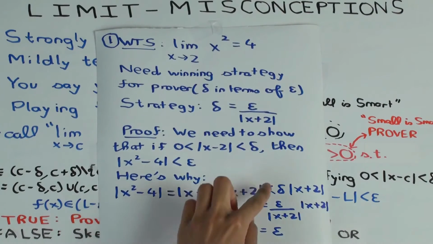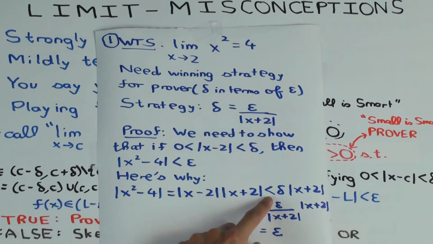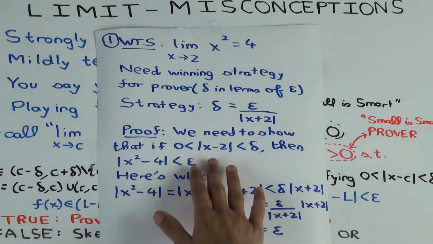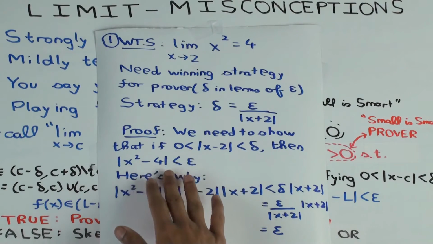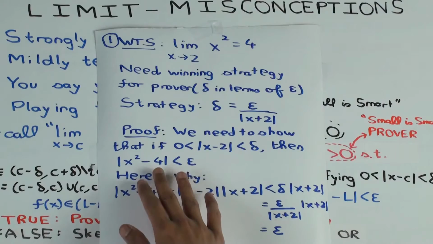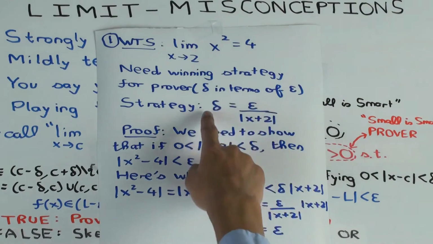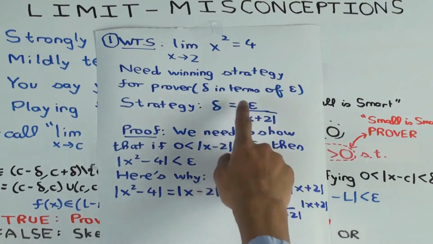You have a chain of things, and there's one step where you had less than. So overall, this expression is less than epsilon. So we have shown that whatever x the skeptic picks, the function value lies within epsilon distance of the claimed limit, as long as the skeptic picks x within delta distance of the target point 2.